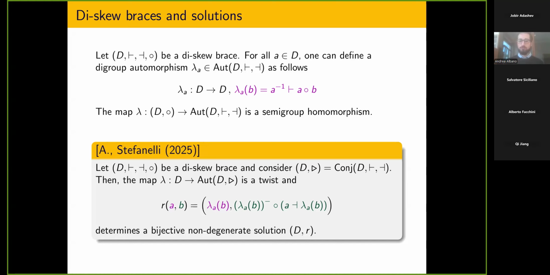What I want to show now are two things. First, I would like to introduce a construction of solutions that is inspired by the structure of solutions coming from di-skew braces, and then show that these solutions belong to the first class, that they can be characterized in the way I am showing you now.